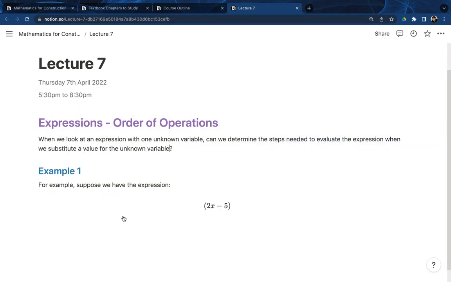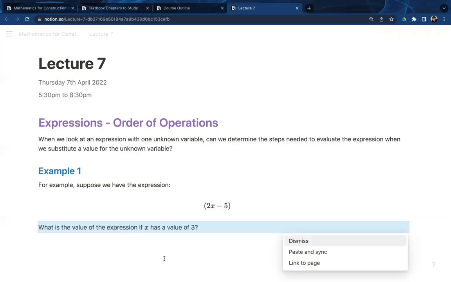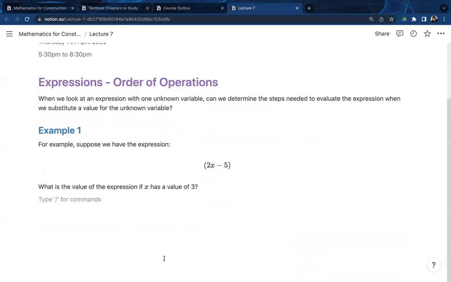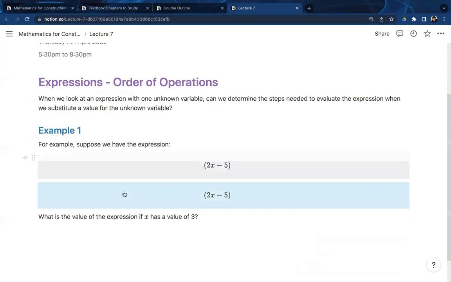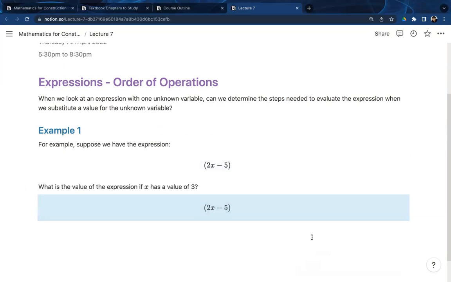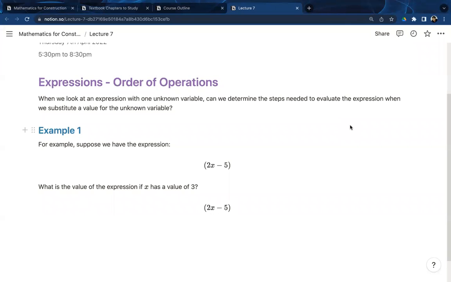Given this expression, 2x minus 5, what would the value of the entire expression be if x has a value of 3?